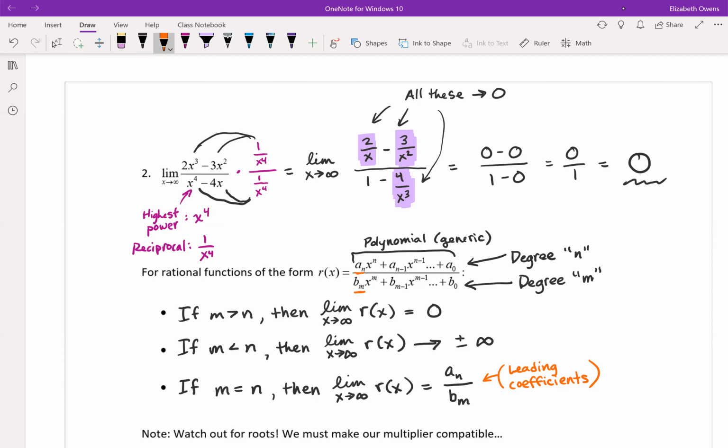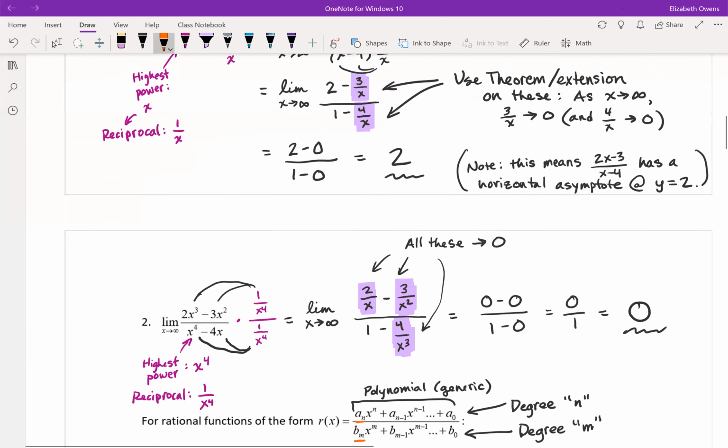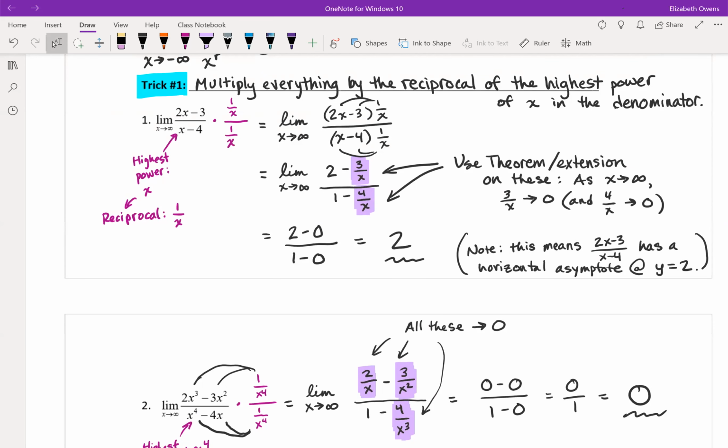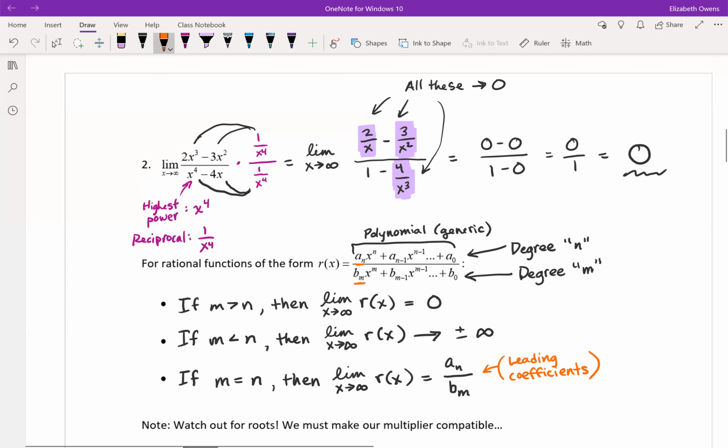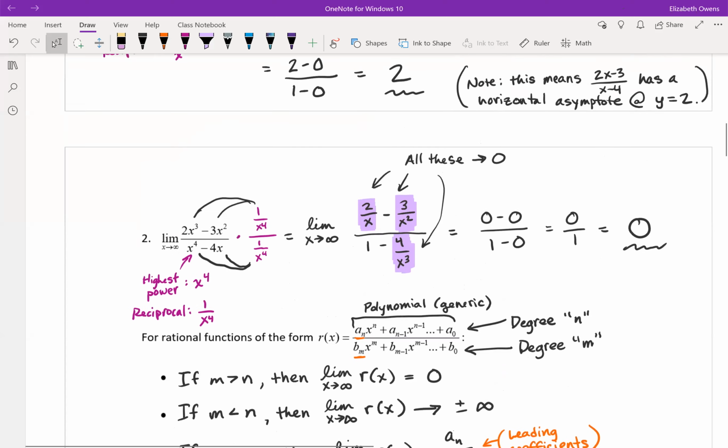And we saw one of those in example 1. Here with 2x minus 3 over x minus 4, our polynomials are of the same degree. They're both degree 1, x to the first. So our leading coefficients are a 2 and then a 1 right here. So this quick shortcut says our limit as x approaches infinity should be the ratio of those leading coefficients.